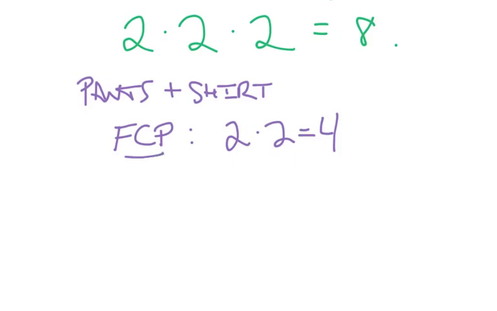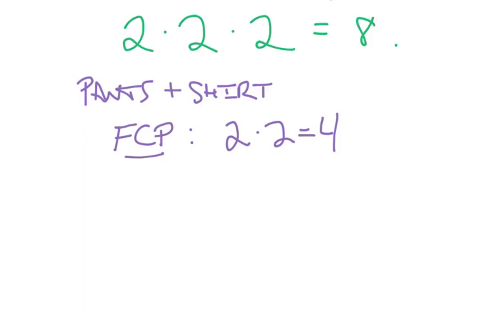And the fundamental counting principle very explicitly applies to pairs of decisions. Just one thing combined with one other thing. And so I can say, okay, I've got 2 pairs of pants, I've got 2 shirts, I can multiply those together using the fundamental counting principle to tell me that I have 4 ways of making pants and shirts together.